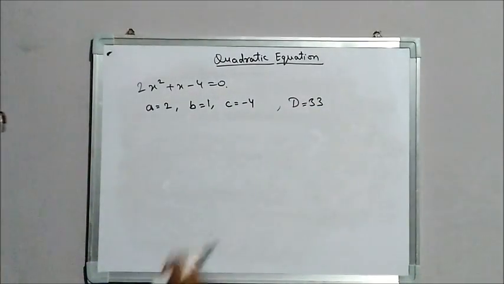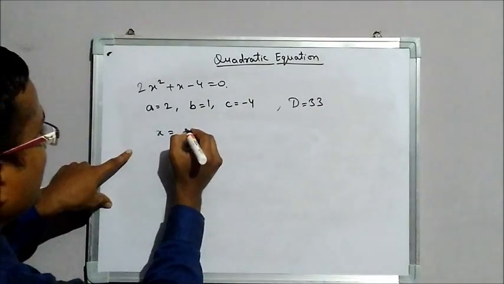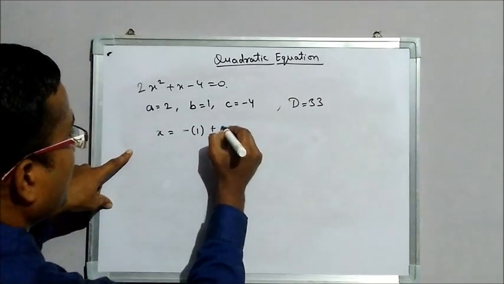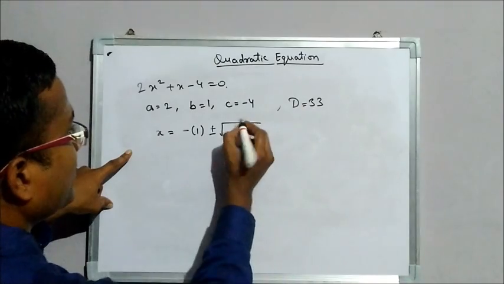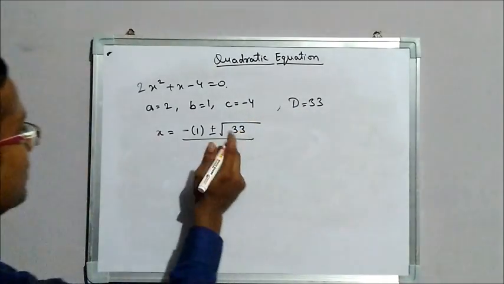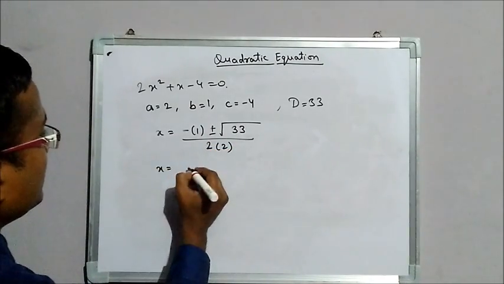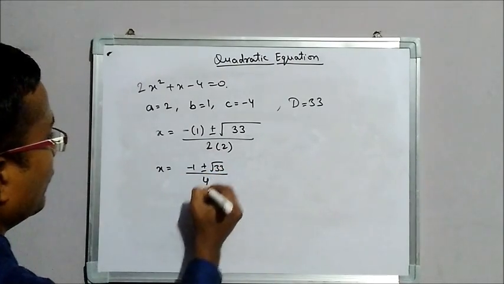Now finding the roots of the quadratic equation. x equals minus b plus or minus under root D upon 2a, and the value of D is 33. So directly putting D as 33 upon 2a, with a as 2, x equals minus 1 plus or minus under root 33 upon 4.